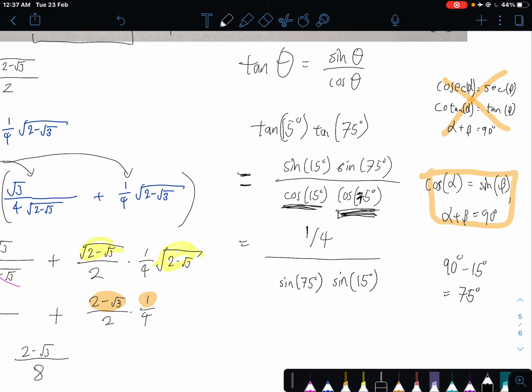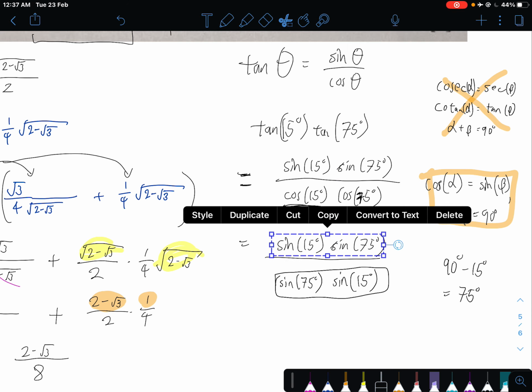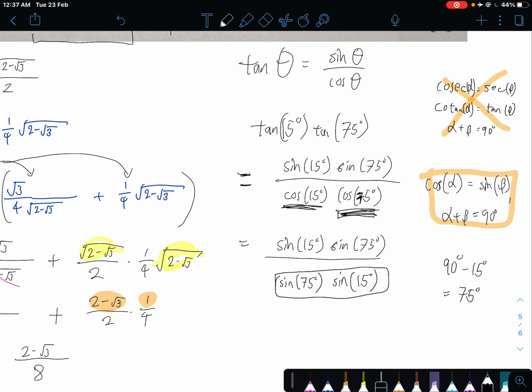That looks very familiar, this expression. Isn't that what I saw at the top? Let's say at the very beginning, I didn't replace my 1 over 4, I just copy and paste the top. But then I realized, the denominator, because of complementary identities, I managed to convert it into this form.